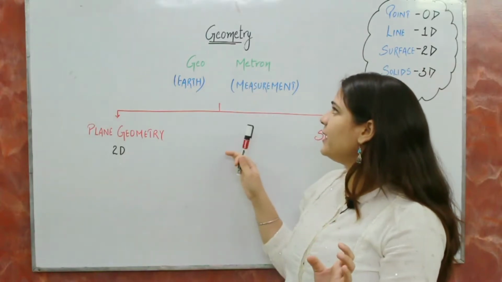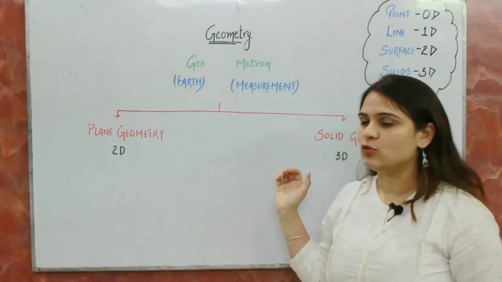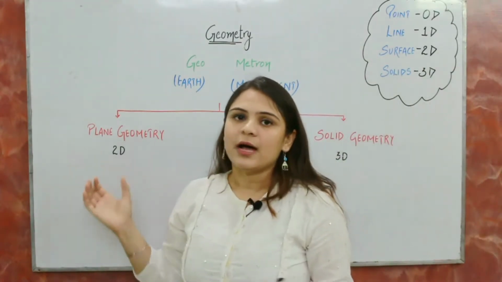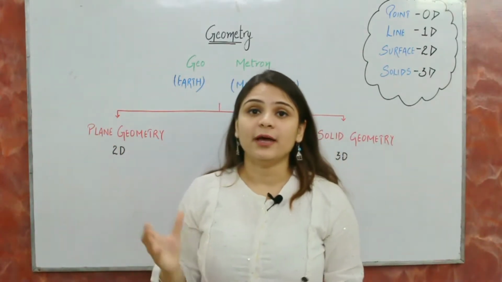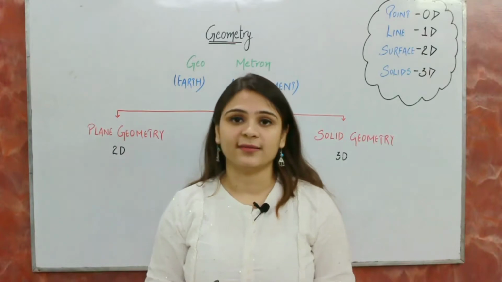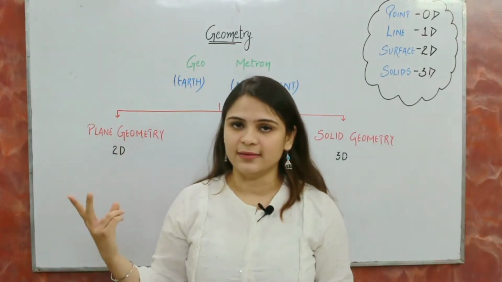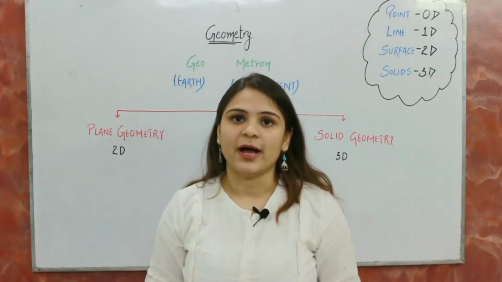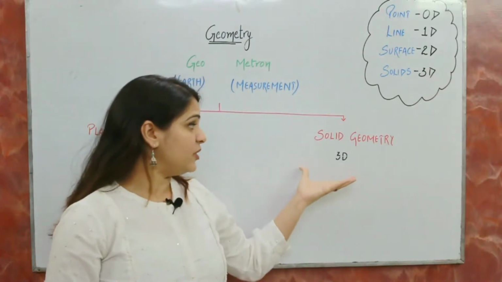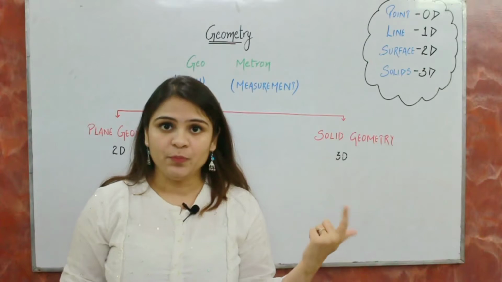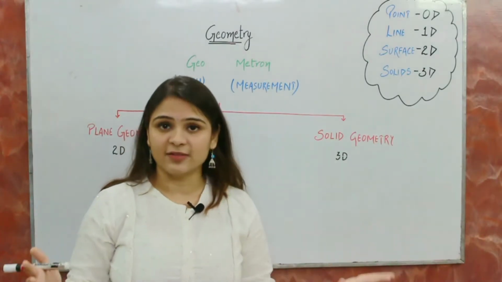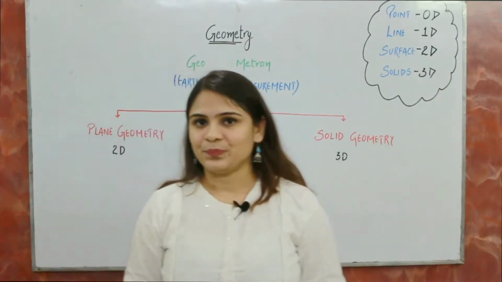And we have segregated geometry in two parts. One is plane geometry and another one is solid geometry. In plane geometry, we study flat surfaces, for example, circle, triangle, rectangle, etc. And in 3D geometry, we study shapes like cube, cuboid, cylinder, frustum, etc.